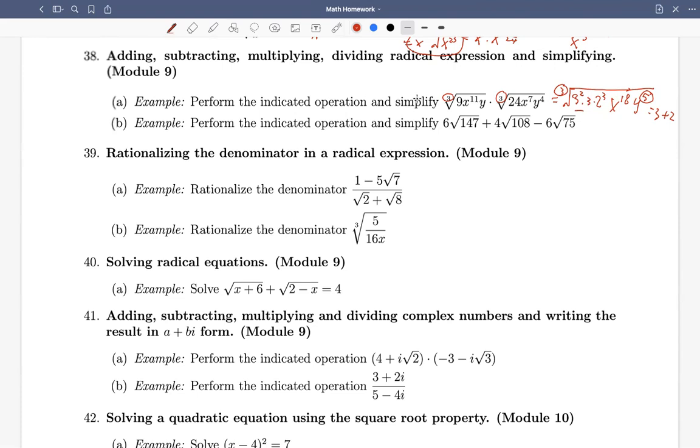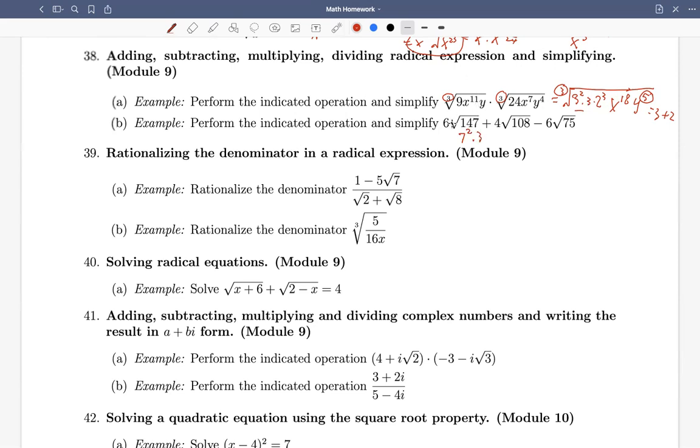Okay, so 147, we see 7, right? If I divide by 7, I have 7 times 21. 21 is 7 times 3. So that's just 7 squared times 3. So I can write 147 as 7 squared times 3.